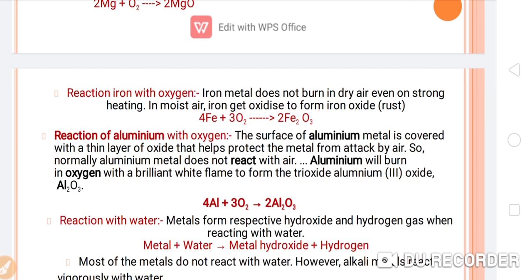Aluminium will burn in oxygen with a brilliant white flame to form aluminium oxide, also known as aluminium trioxide. So this is the reaction, and this is also another specific case.